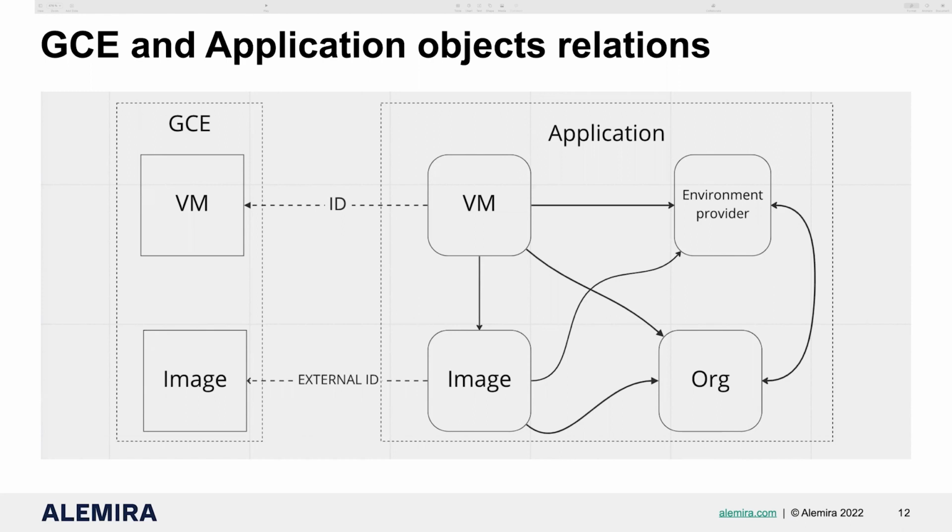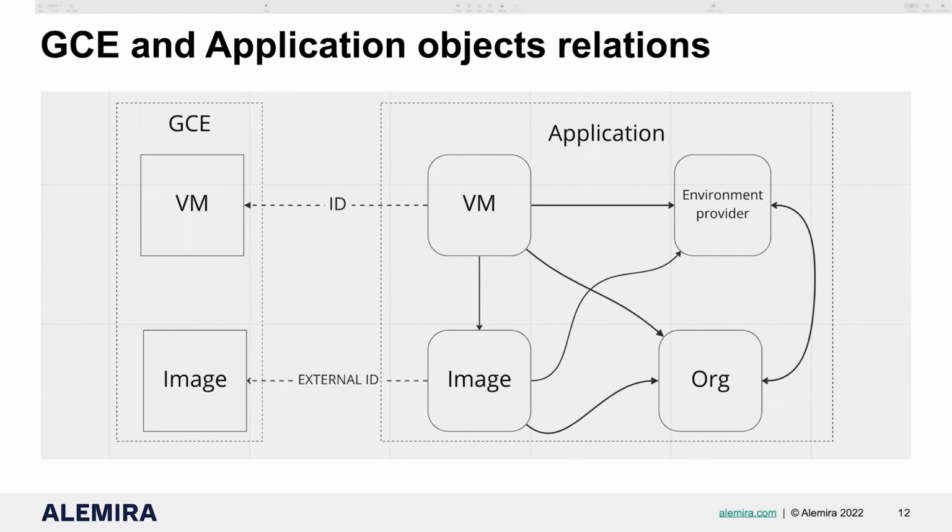For example, for the two main objects inside GCE, virtual machines and images, you have to have the ability to ask for these images via API or just check something. And of course, it's very convenient to have related objects inside your applications with some additional parameters that you are going to use.